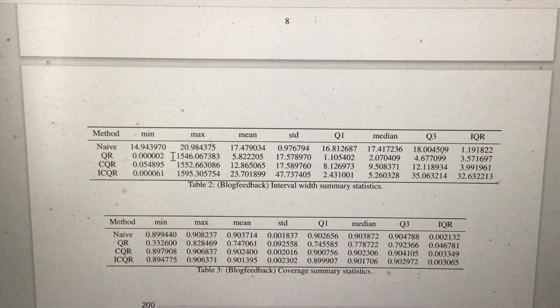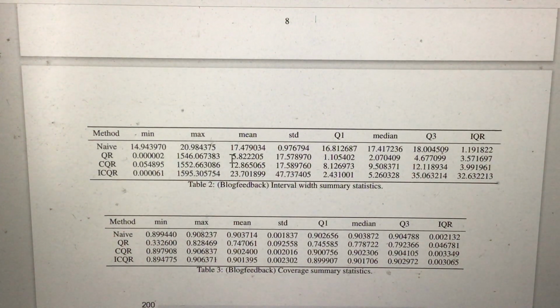In quantile regression, you can see the minimum is very small and the maximum is very large, right? And with CQR, the minimum is larger than QR, and the maximum will be similar.